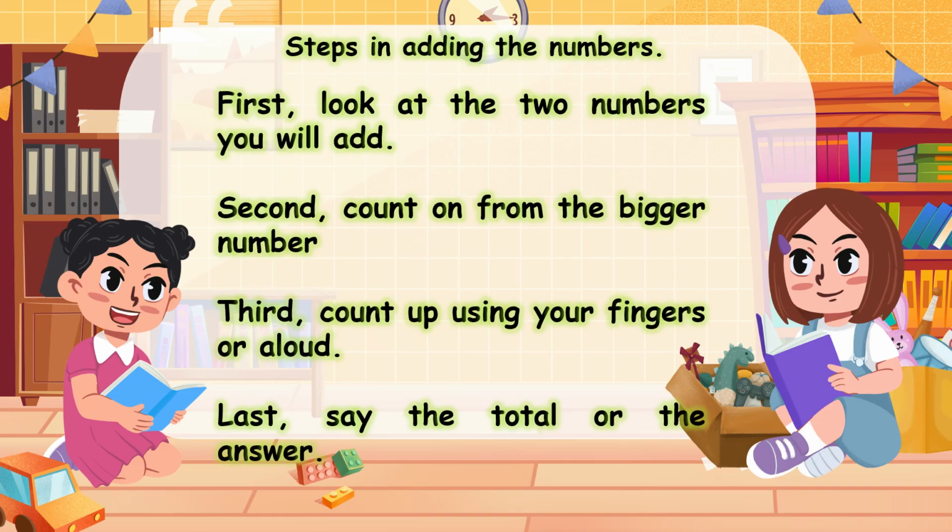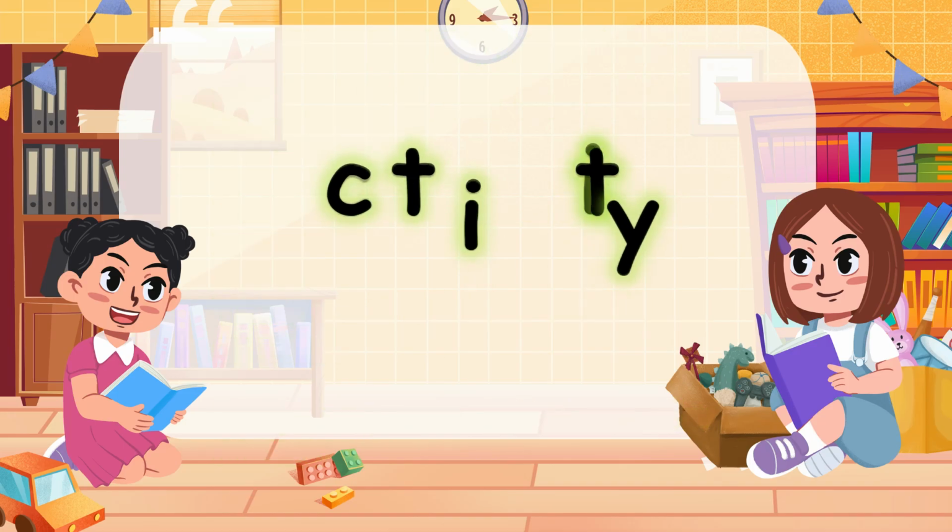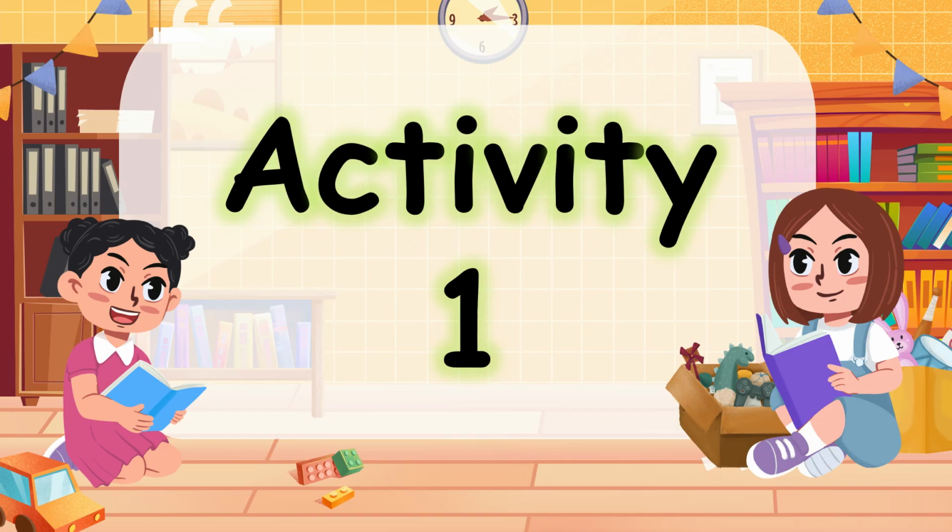Either the smaller number should be up or the bigger number should be down. It's okay. But the technique there is you just have to remember the bigger number first. Okay? Now, let's go to this activity.